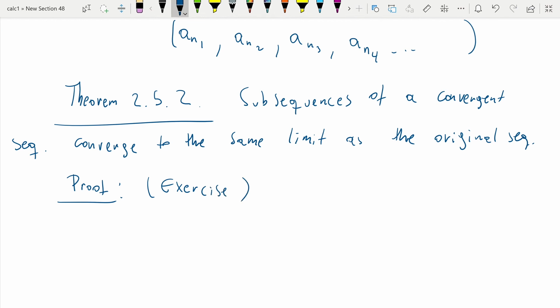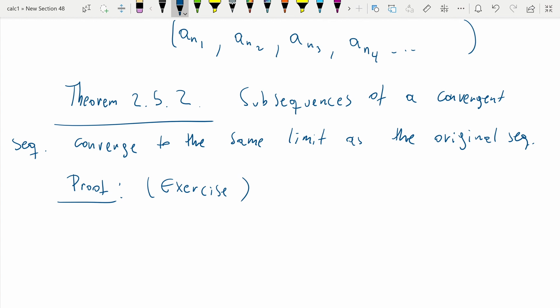In fact, it is related to the kind of questions I ask you about finding, say, a subsequence of a sequence that doesn't have a limit, and some particular examples of those things where you are supposed to show by contradiction that a given bounded sequence does not have a limit. So the ideas involved are the same.